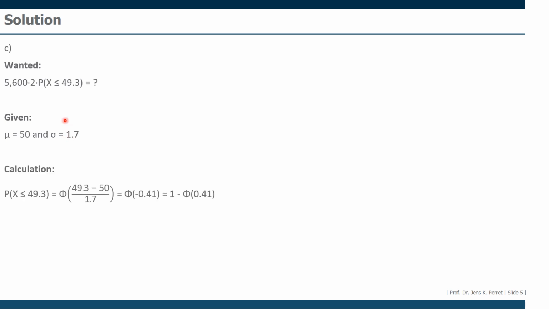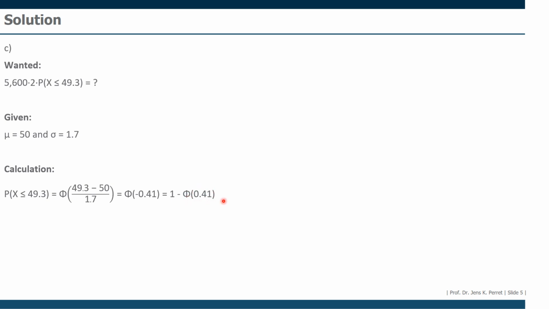So we're going to standardize the 49.3 centimeters by subtracting the 50 as a mean, dividing by the 1.7 for the standard deviation, giving us here again a value of negative 0.41. To get rid of the minus, I'm replacing this in front with 1 minus phi of 0.41.